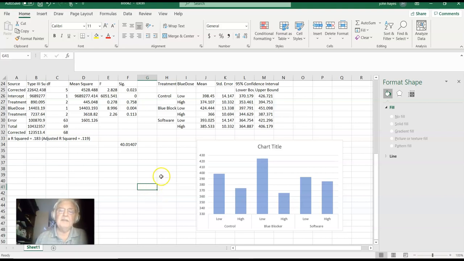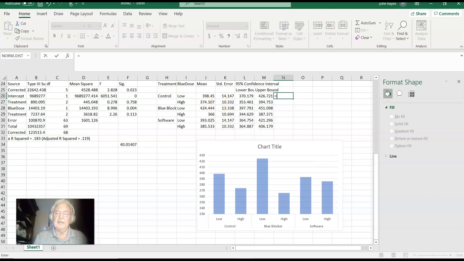And then let's come over here. Yes, those are the means. Okay, so we're going to do our equals T inverse 0.16, 23. No. I'm not sure what the degrees of freedom are here.